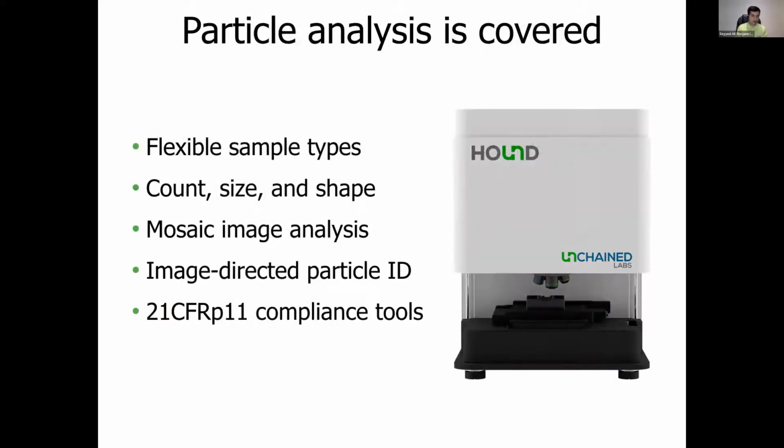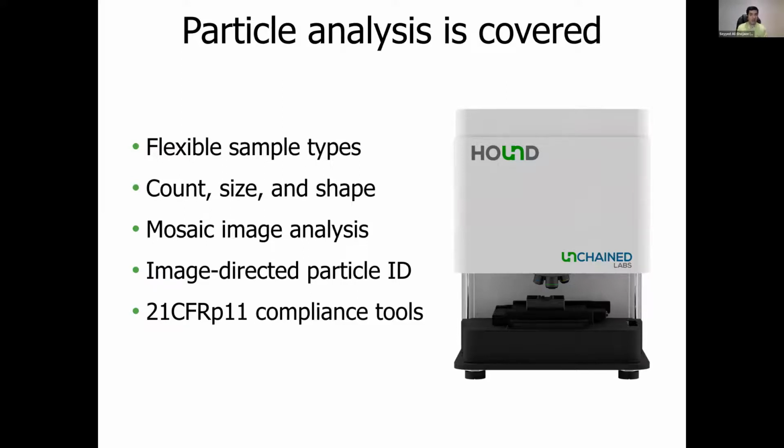So in summary, Hound can provide a complete particle analysis for any application. It has flexible sample size, and can analyze samples both in dry and wet forms. The two case studies that I showed, the first one with the failure analysis was done on dry particles.